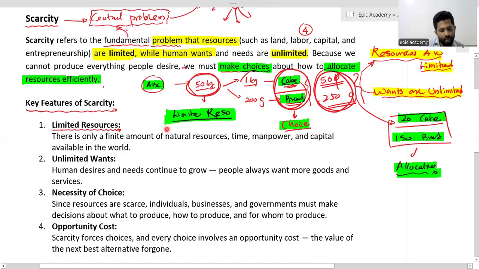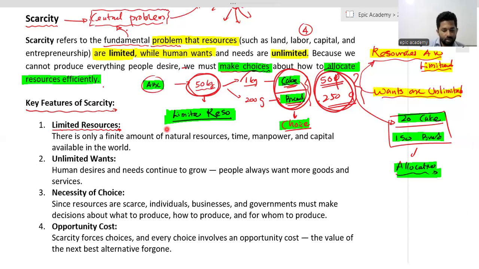Just assume that if you had unlimited resources, what will happen to this scarcity? If you had unlimited resources, then there is no scarcity situation.